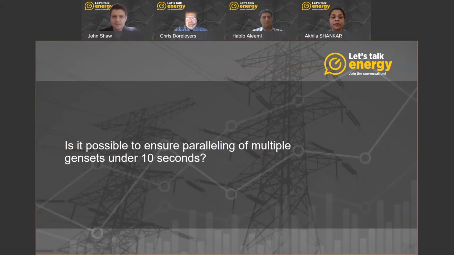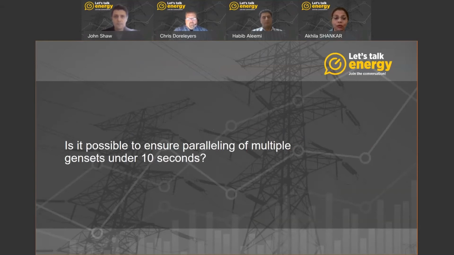The answer is yes. For applications where it is critical to expedite the paralleling of multiple generators onto a common bus, Toromont offers what we call controlled excitation paralleling, which can bring multiple generators online within 10 seconds.